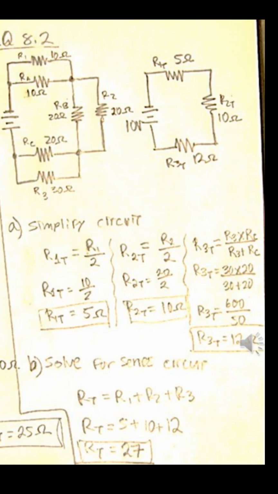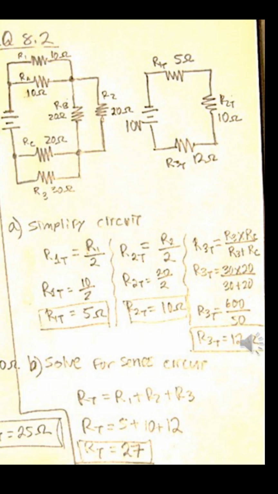In that case, 10 ohms divided by 2 gives us 5 ohms. Next, we find R2 total, which again is R2 divided by 2, since we again have equal value resistors. This is to simplify the complex or combination circuit into a series circuit. So R2 total is 20 ohms divided by 2, which is 10 ohms.